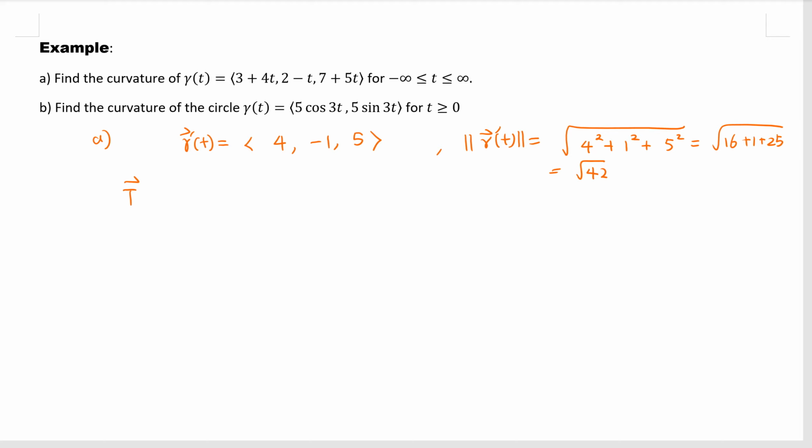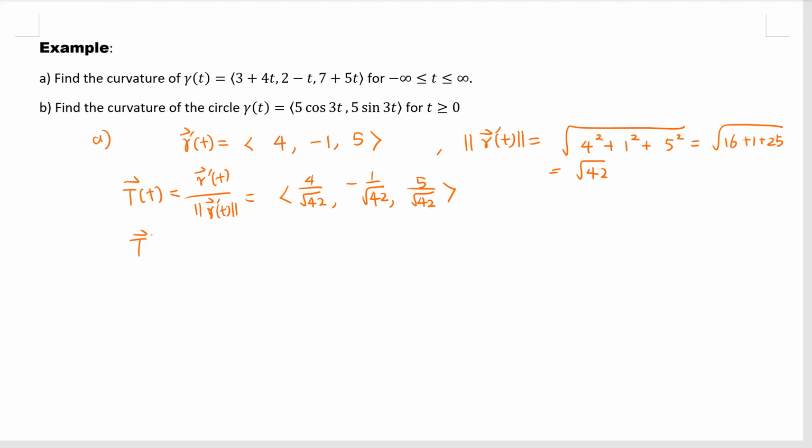Now, what is the unit tangent vector? The unit tangent vector is the velocity over the length of the velocity. So we have 4 over square root of 42, minus 1 over square root of 42, 5 over square root of 42. This is the unit tangent vector, and then we want to take the derivative of that.